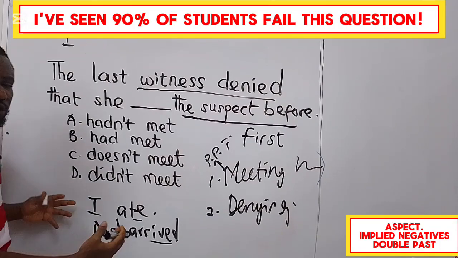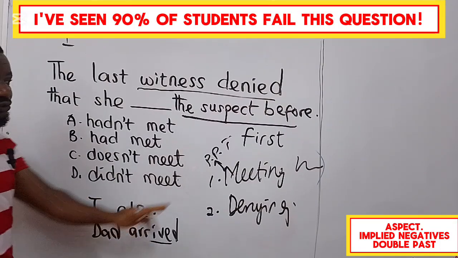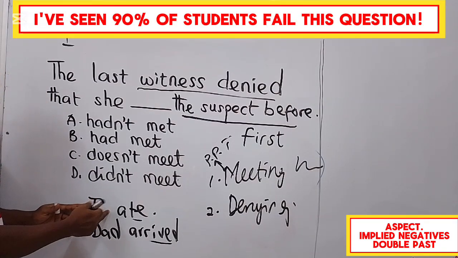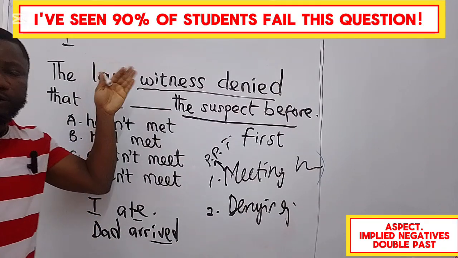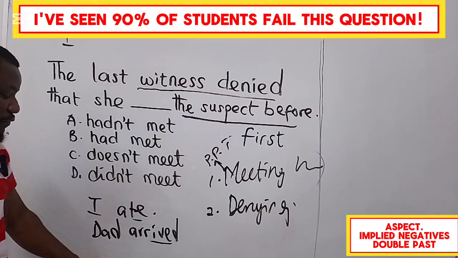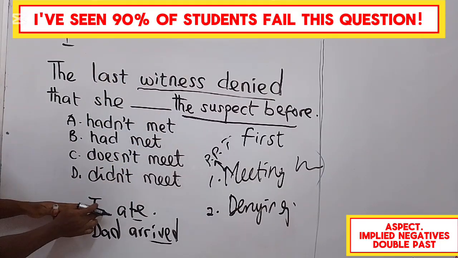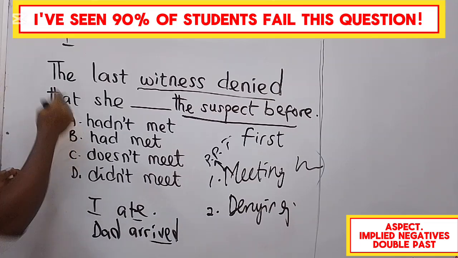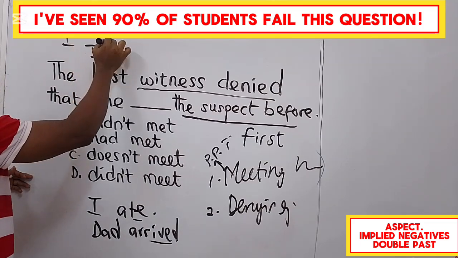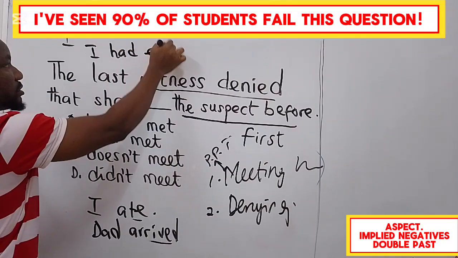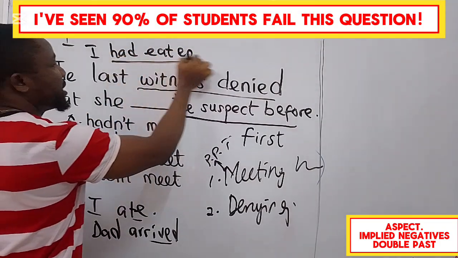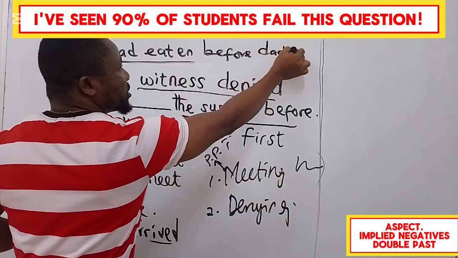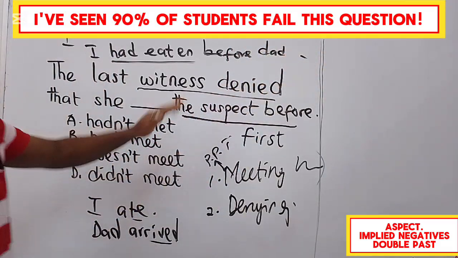Now, if I want to join these two situations together through aspect, if the action of eating started first and ended before the second one started, this first action should be talked about using the past perfect tense. So it would be, I had eaten before dad came.